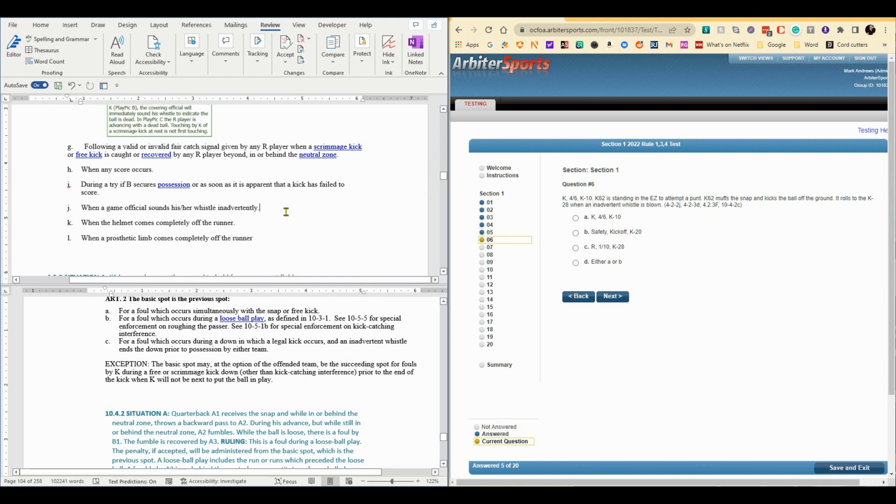So as soon as that inadvertent whistle is blown, we have a dead ball. We also know that fouls committed that would be enforced in the end zone result in a safety. And this one was committed in the end zone, and if accepted, it would result in a safety.